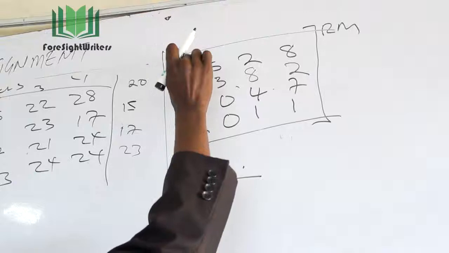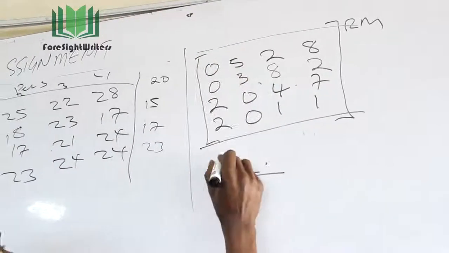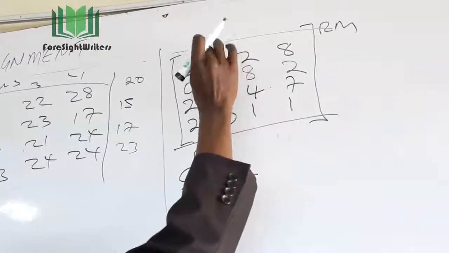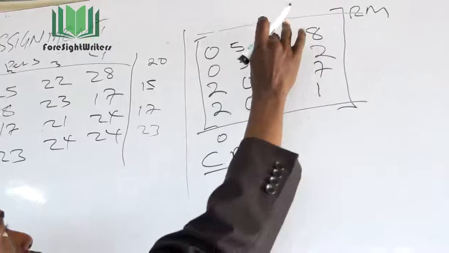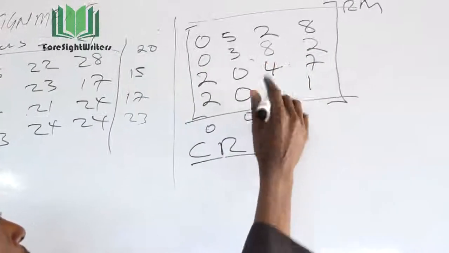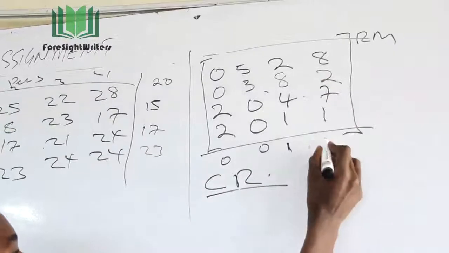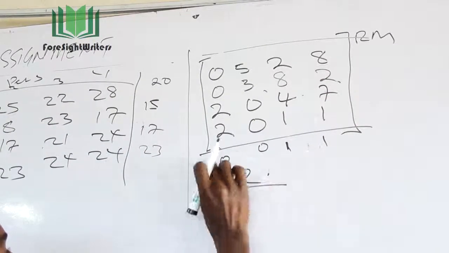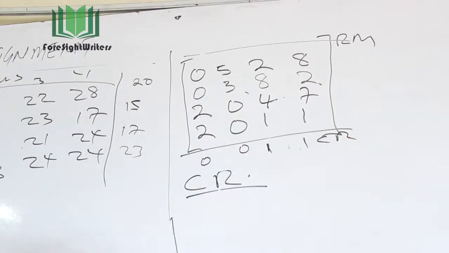The first is 0, 0, 2, 2. The least here is 0. Next is 5, 5, 0, 0. The least there is 0. Here is 2, 8, 4, 1. The least is 1. And here is 8, 2, 7, 1. The least is 1. So this is what I need now to do my reduction.